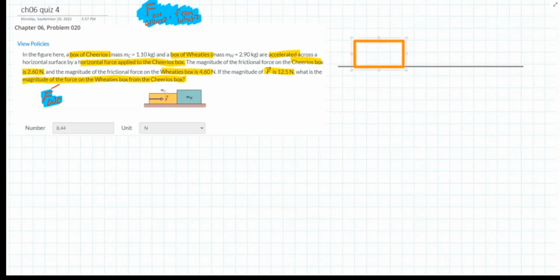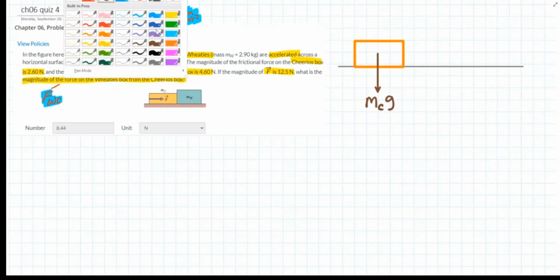I have the weight force acting down, going straight down from the center of mass, and we can label that mass of the Cheerios box times g. What else? Oh, I have that externally applied force, that F force. So I will add that.